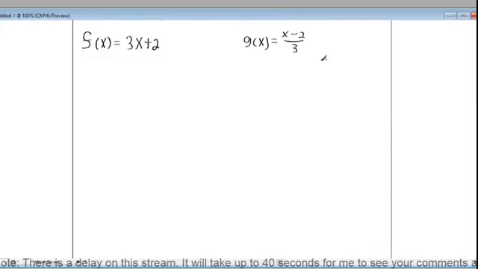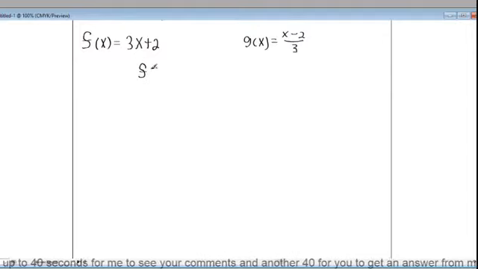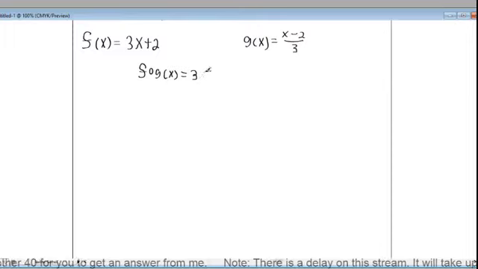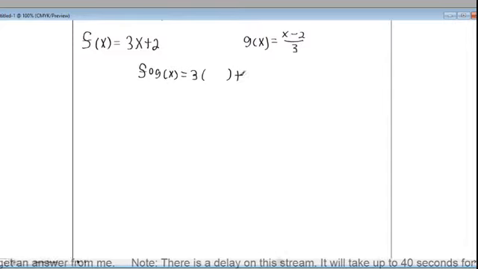So what happens when we compose inverse functions? Something interesting, actually. So let's go ahead and see what happens. So if I do f composed of g of x, again, what that means is I'm going to take f of x, 3x plus 2, and use that as my framework.